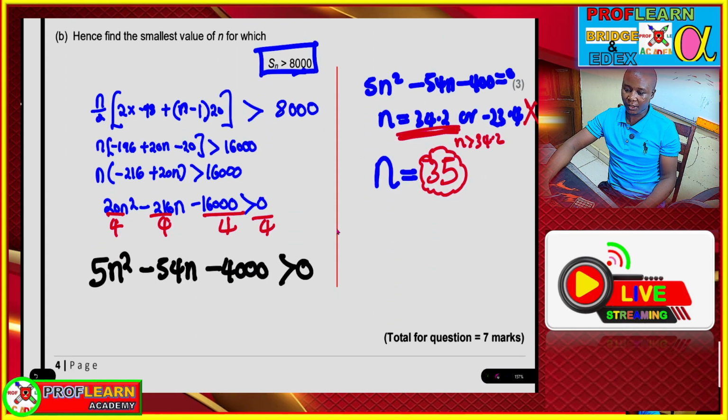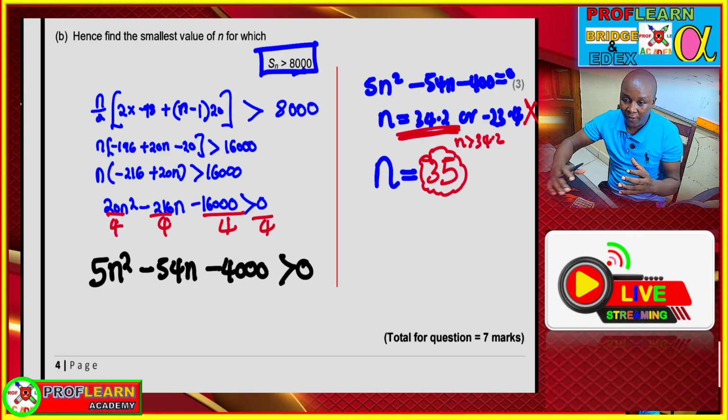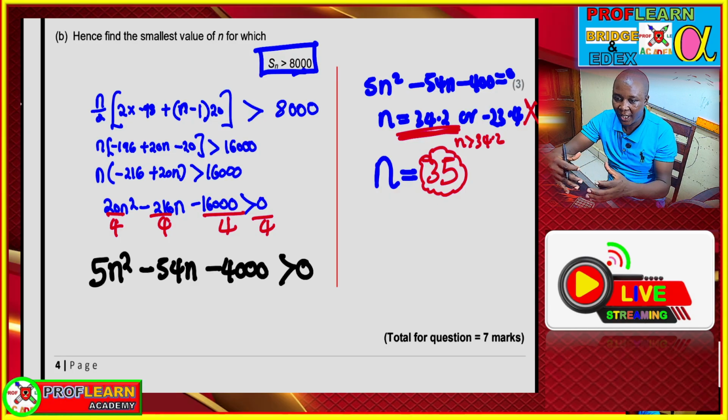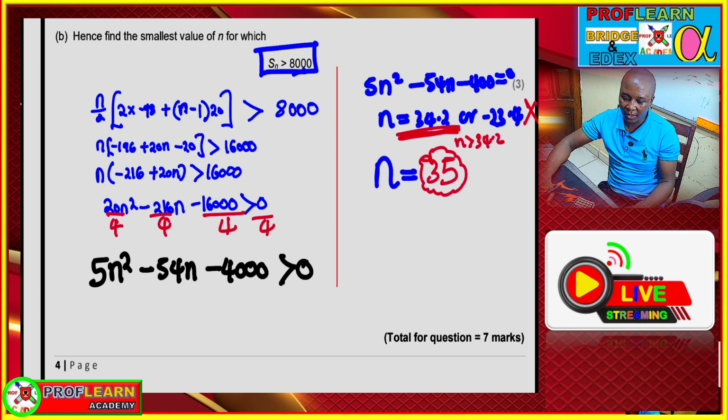Another interesting question that you may be asked: hence find the smallest value of n for which the sum of n terms is greater than 8,000. So we are going to use the sum formula: n over 2 into 2 times the first term, which is negative 98, plus n minus 1 into the common difference 20.